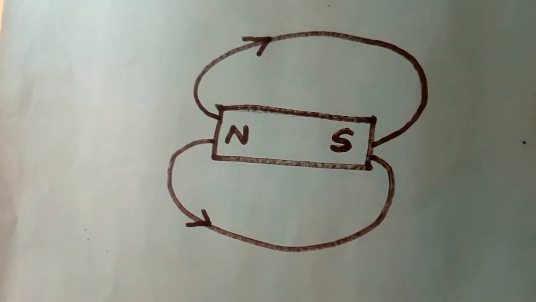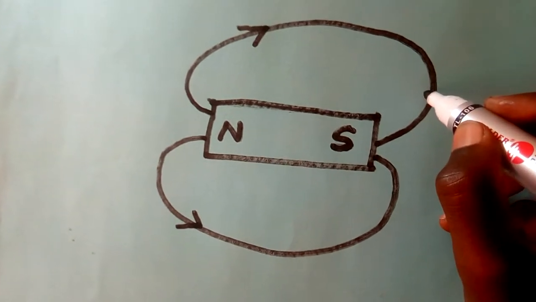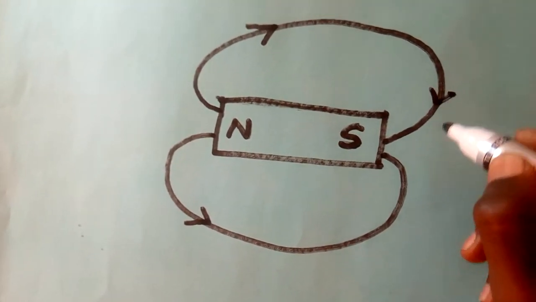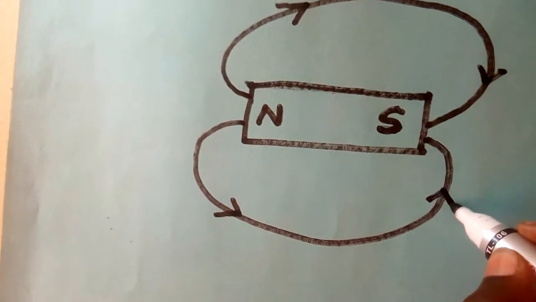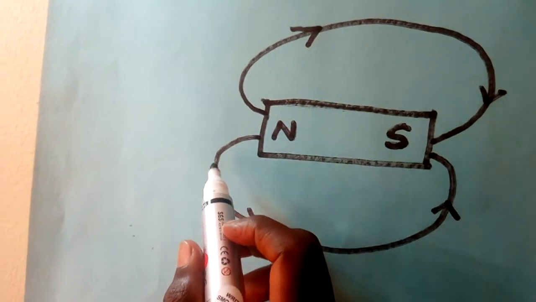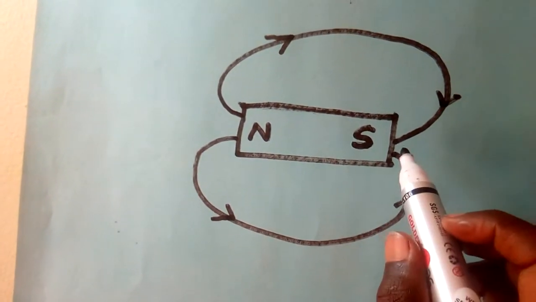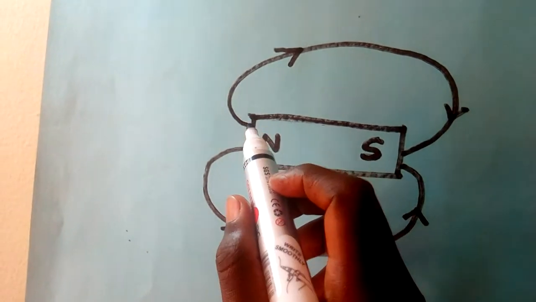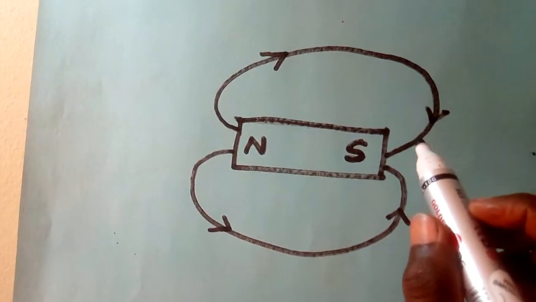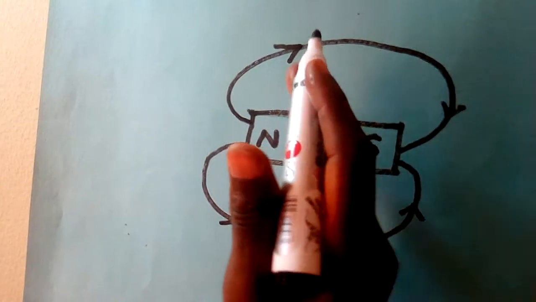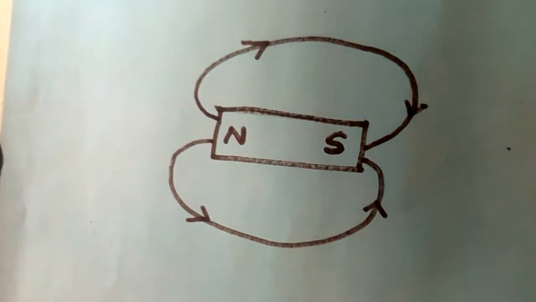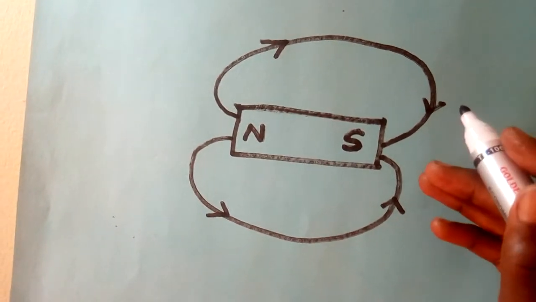You see? So here they are entering. They start from here, it goes like this. This is how the magnetic force moves. It moves from north and goes towards the south. Which means at the north, they are leaving, they are coming out. But at the south, they are entering.